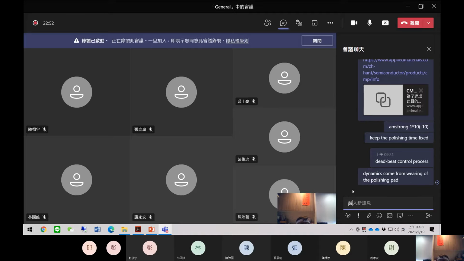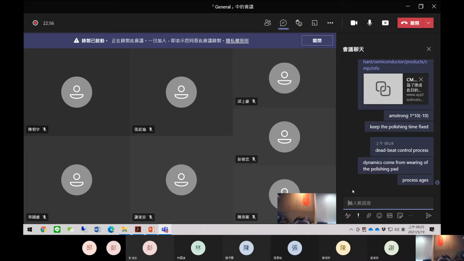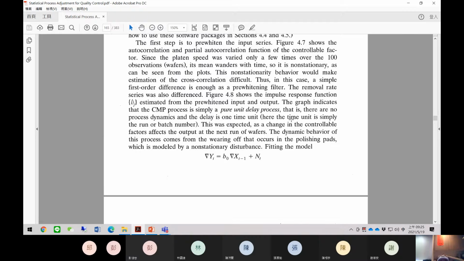Typically we see the process ages, or tool wears, which can be modeled by a non-stationary disturbance like this.